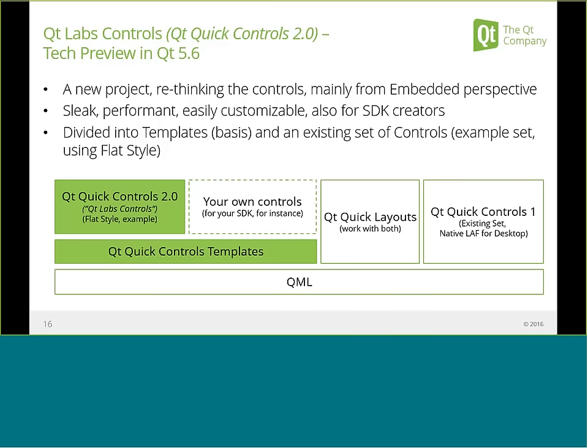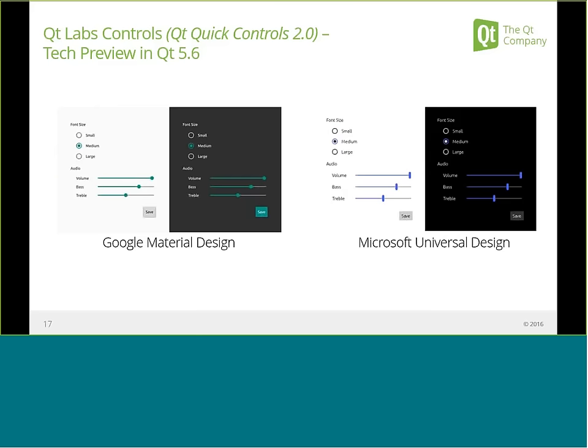But the Qt Labs controls, these are something really cool. They give you a sleek set of touch-based controls with a nice styling mechanism, and also a couple of implementations already. We have added Google Material Design as well as the Microsoft Universal Design for them. So you can actually try them with mobile development already today.